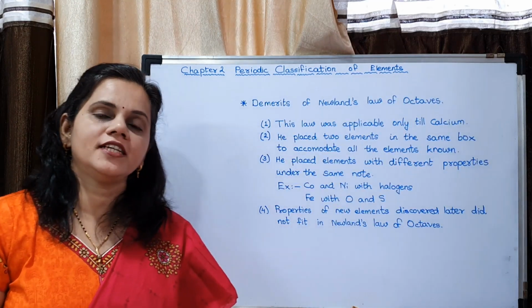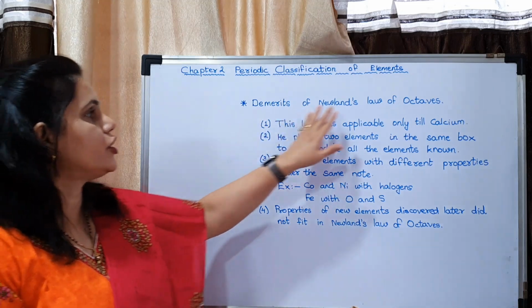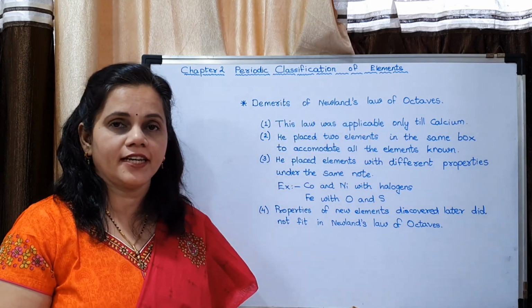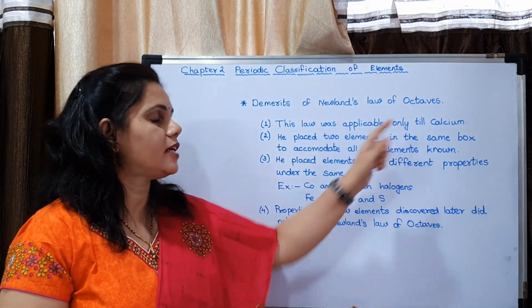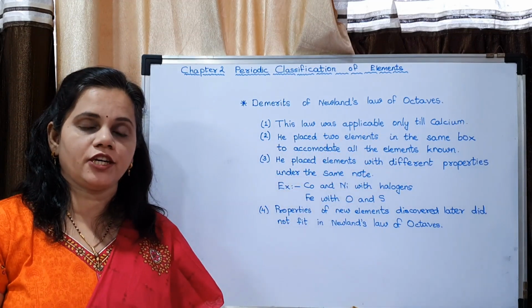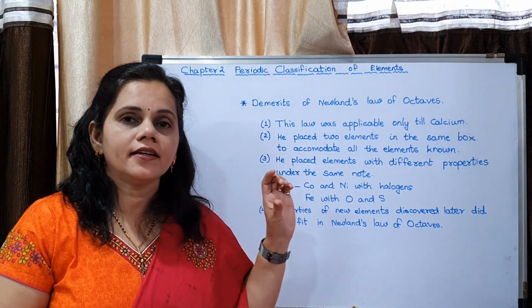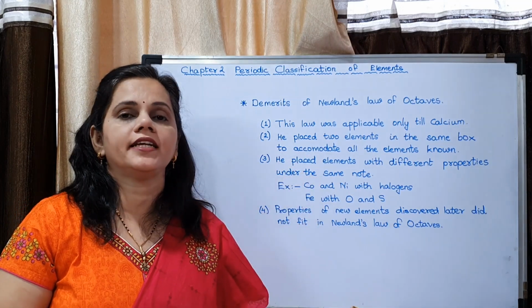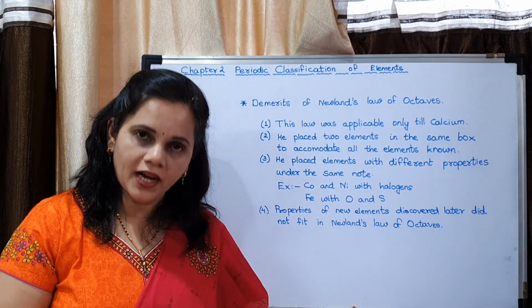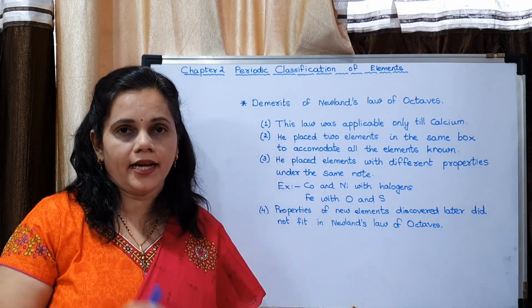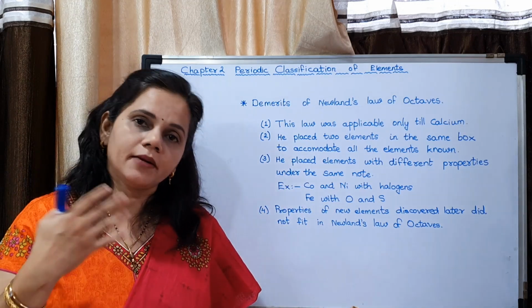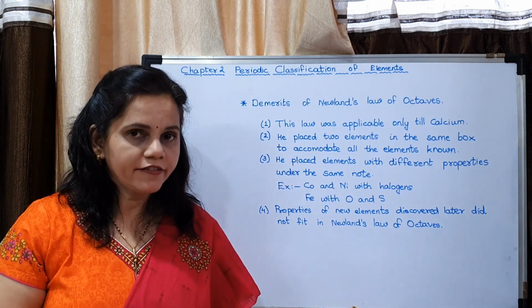Okay, so these were the demerits of Newland's law of octaves. What was the first demerit? This law was applicable only till calcium. Whenever he arranged the elements in increasing order of atomic masses, the law was that the eighth element had properties similar to that of the first.